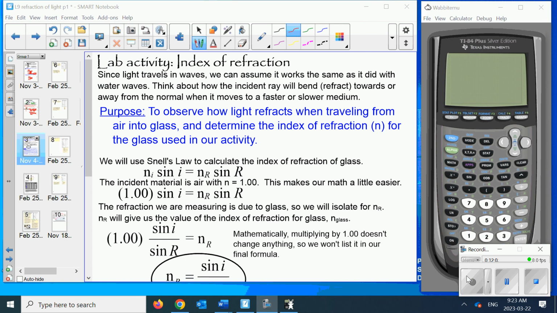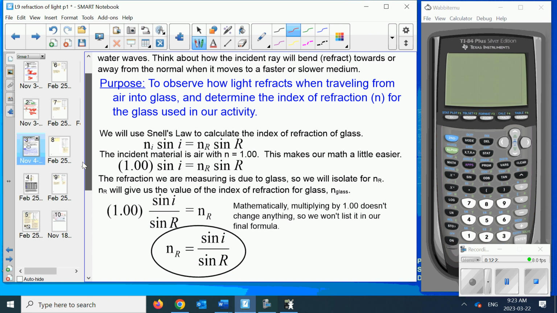And not all glass is the same, too. There's different ways to make glass. You'll notice most physics books have two different glasses listed: flint glass and crown glass. I don't know which is which, like your window panes and stuff like this. But there's different glasses, so it has different indexes of refraction.